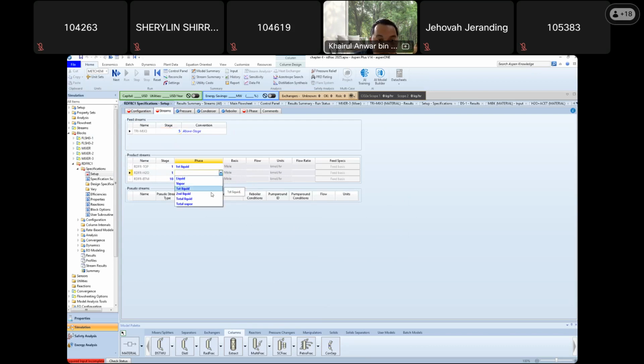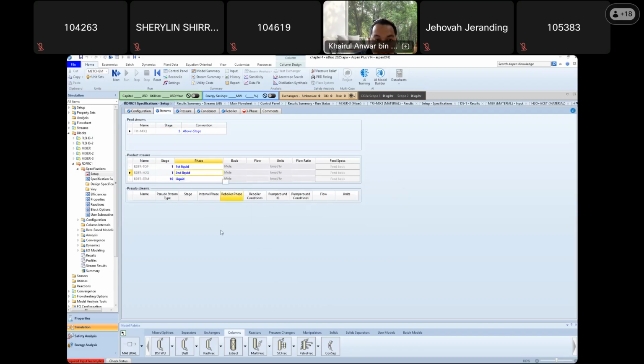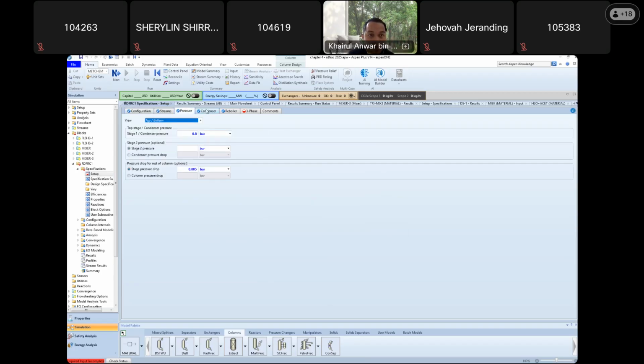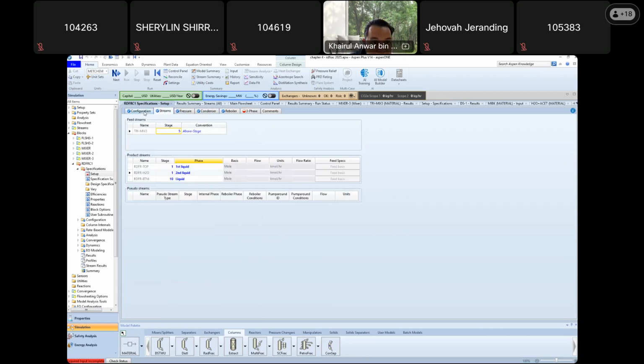LDFR still on it. Second liquid. Oh, okay. Component to find second liquid phase. The liquid phase is water.